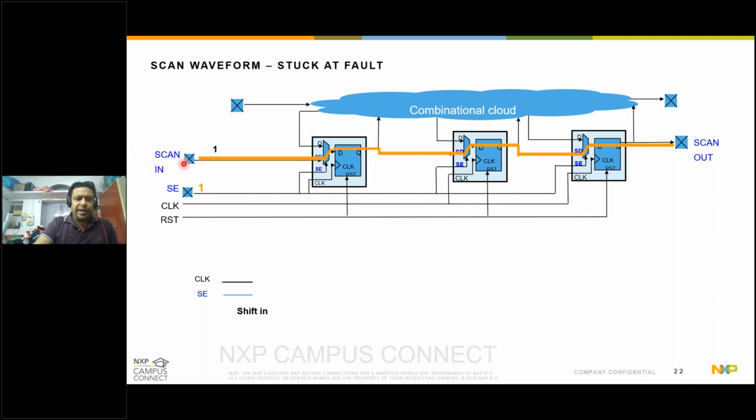And I then force the desired pattern that I need to feed into these flops on the scan in signal, right?